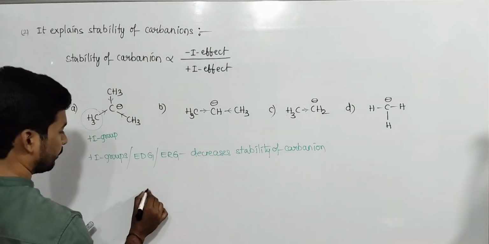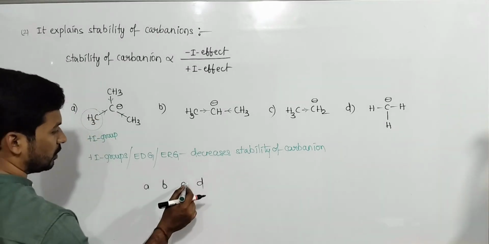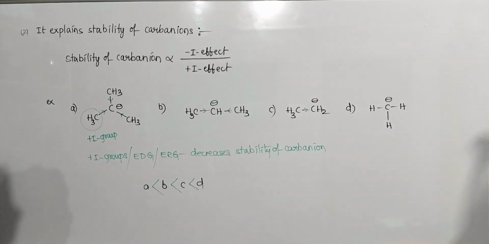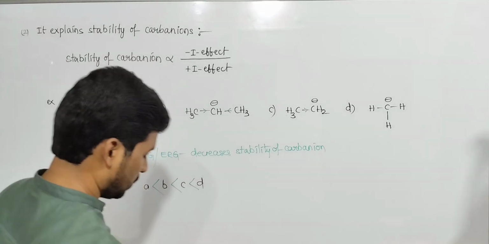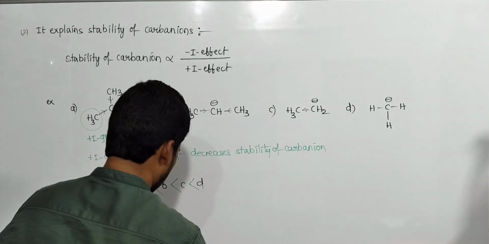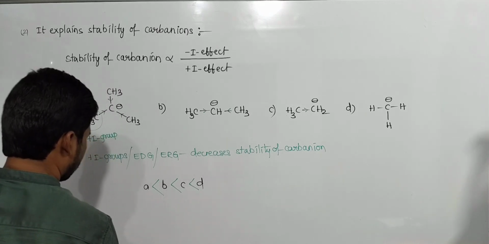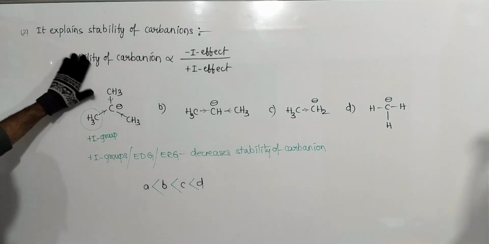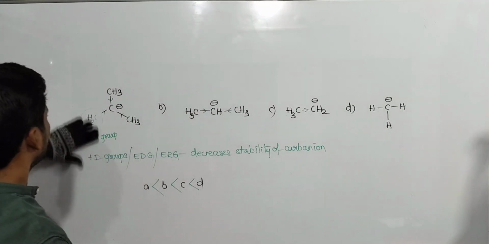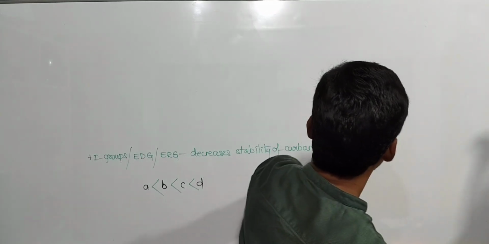That's why among A, B, C, D, D is more stable than C, more stable than B, more stable than A. Next, if you see stability of some more carbanions, how do minus I groups affect stability of carbanion?